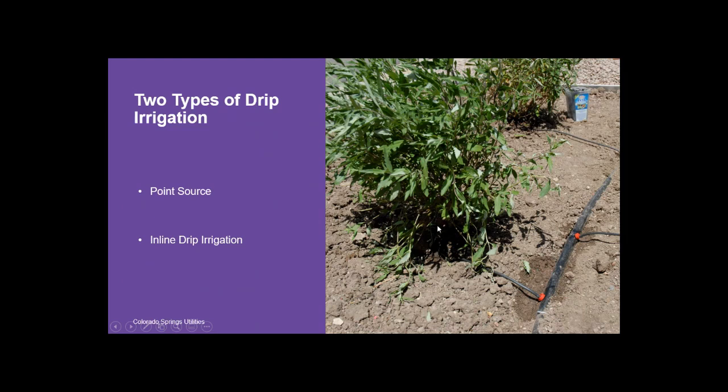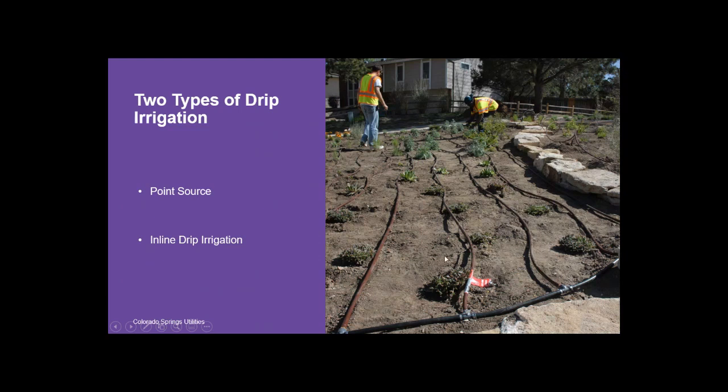The other type is called inline drip irrigation. Here is an example, where generally the inline drip irrigation is installed in some sort of grid-like pattern, and it's used for a more densely planted planting bed or a vegetable garden. I wanted to cover those two types because you'll hear me talk about them as we progress through the webinar tonight.